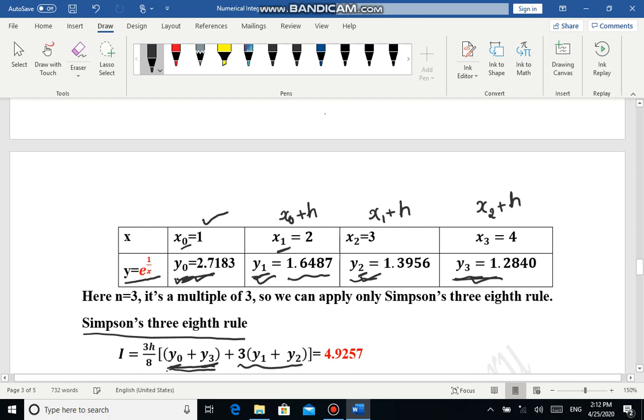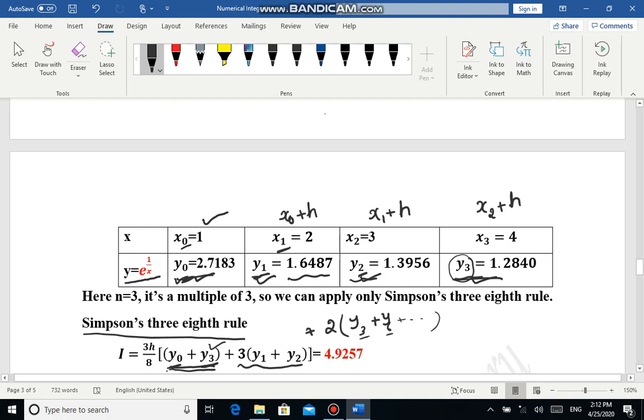3 into y1 plus y2, plus 2 into, here we need to consider terms like y3, y6, meaning the suffixes that are multiples of 3. But here we don't have any terms with a suffix that is a multiple of 3. We have y3, but y3 is already used here and I already told you we are not supposed to repeat any terms.